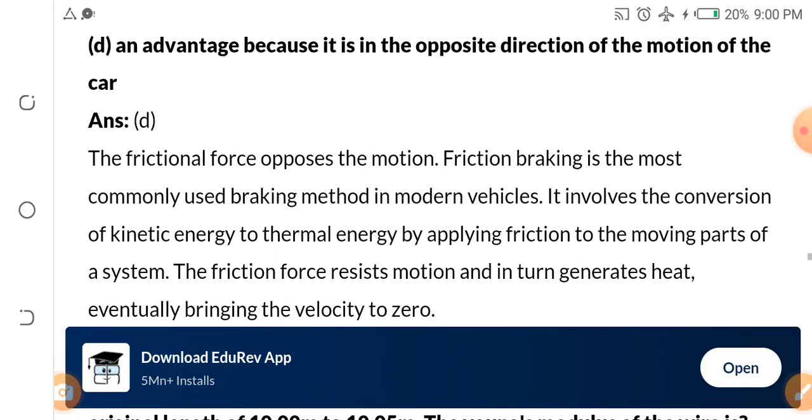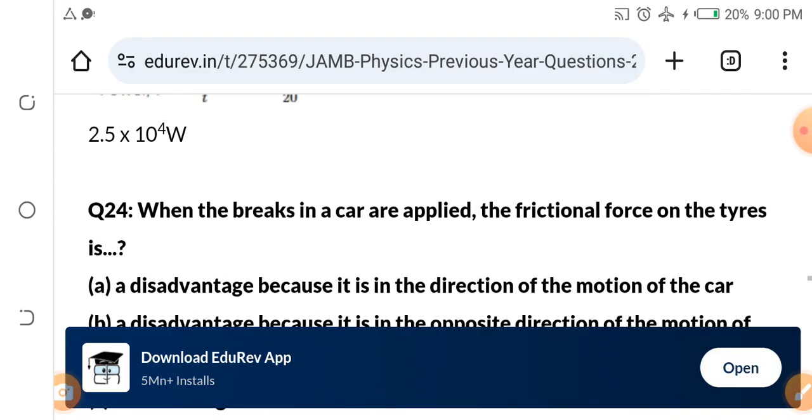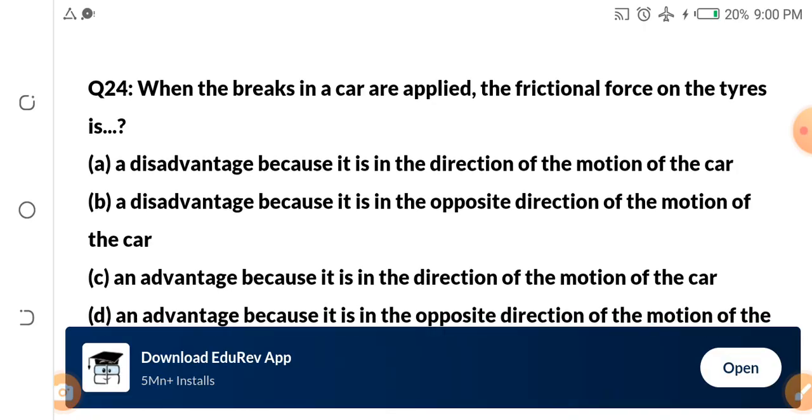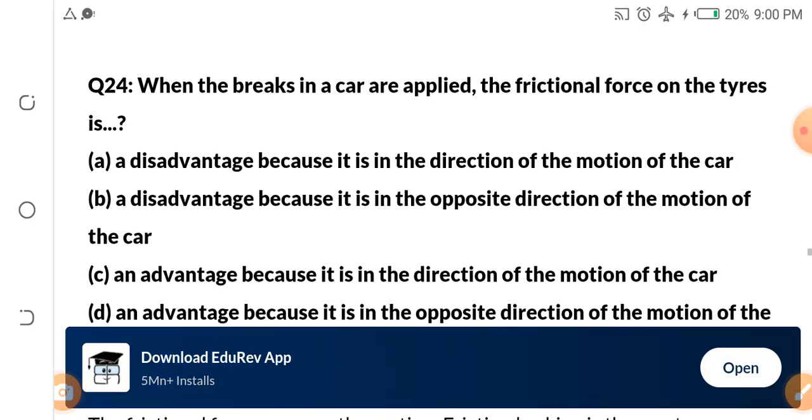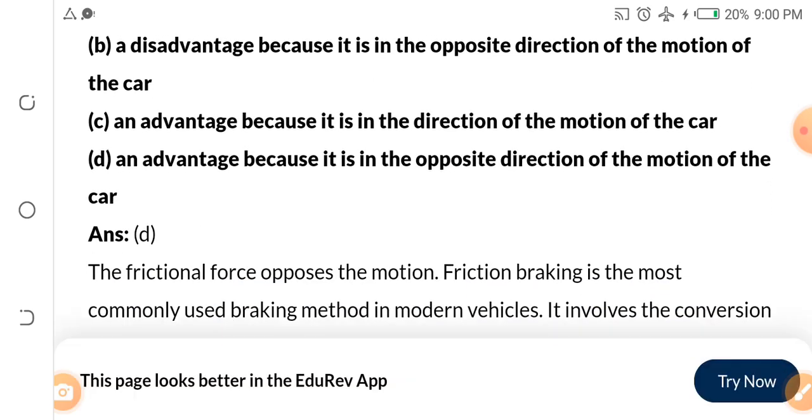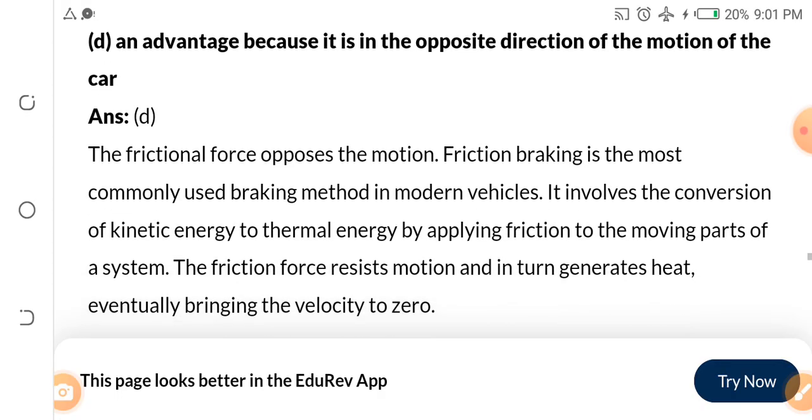The answer is D. Let's look at the question again so that you don't forget. When the brakes in a car are applied, the frictional force on the tires is an advantage because it is in the opposite direction of the motion of the car. That is why it's able to stop the car or reduce the speed. Let's explain.